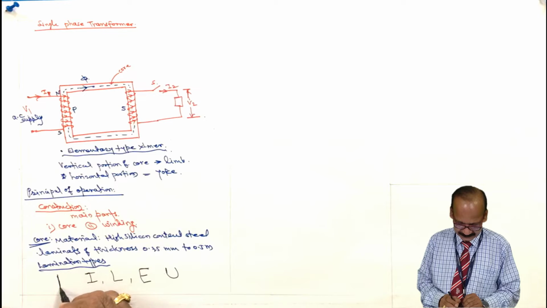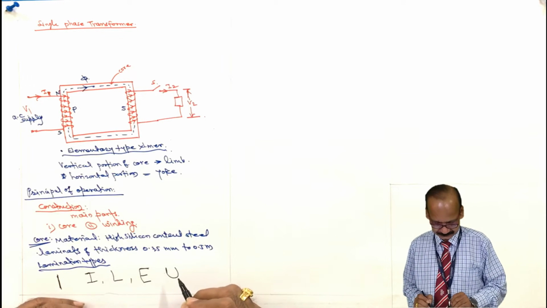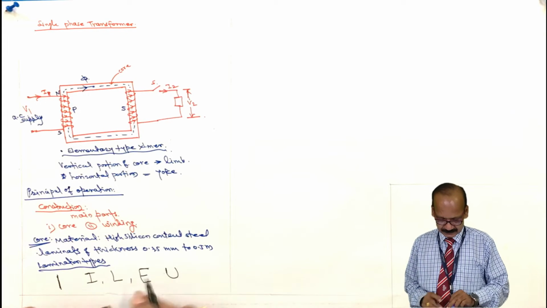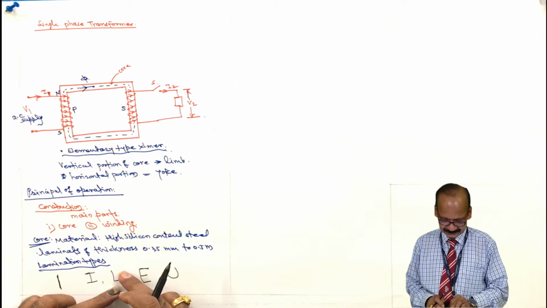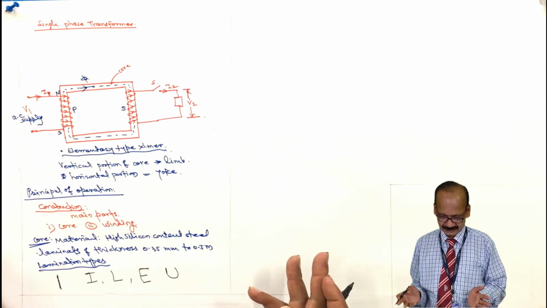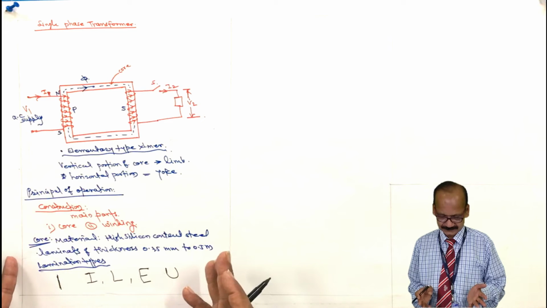Or simply this one. So if you connect an inverted L here, it will be a rectangle. So it forms the core.